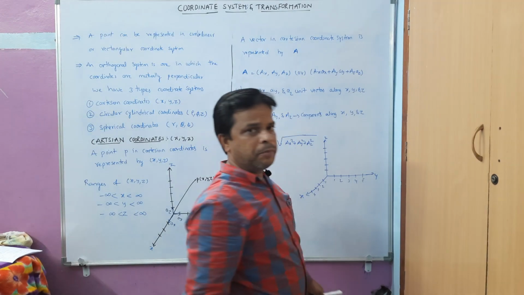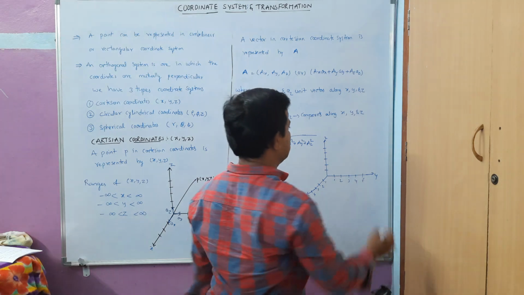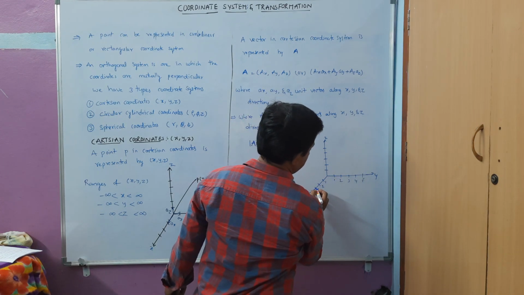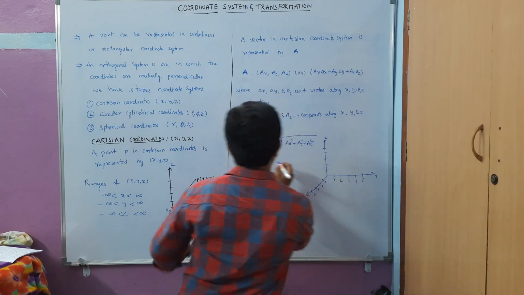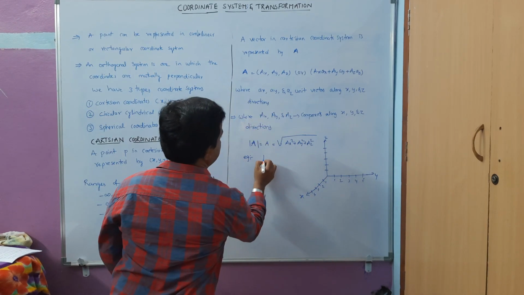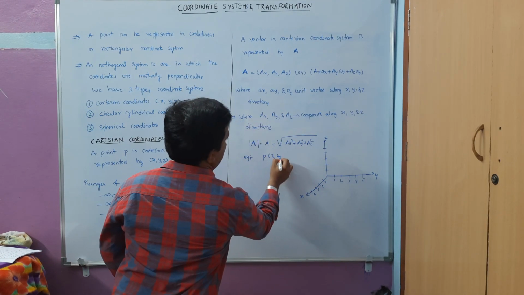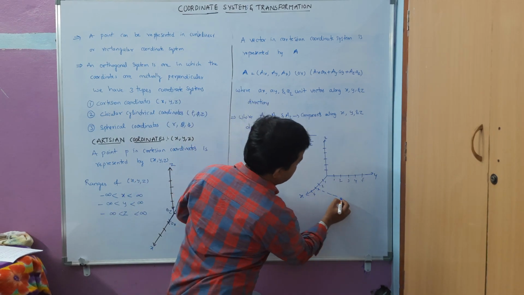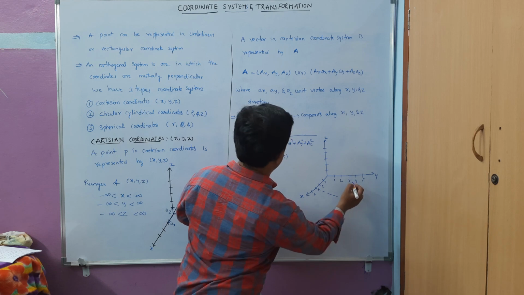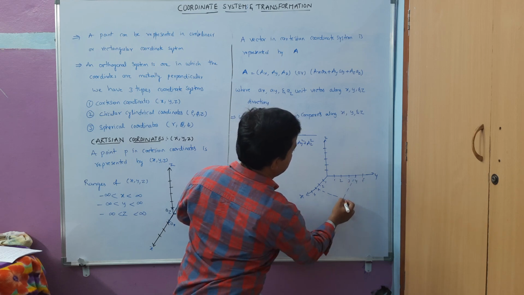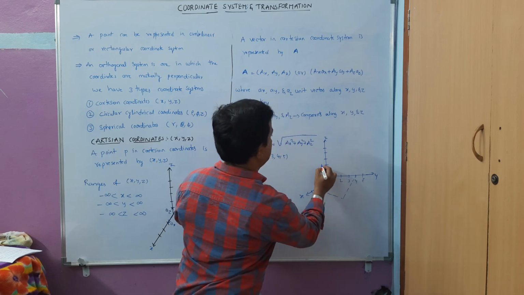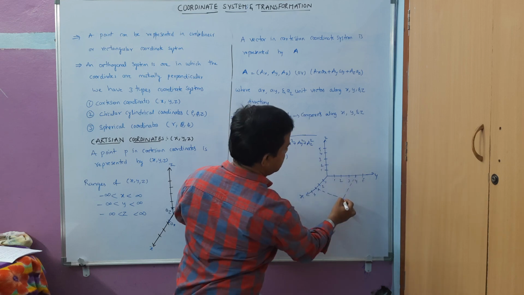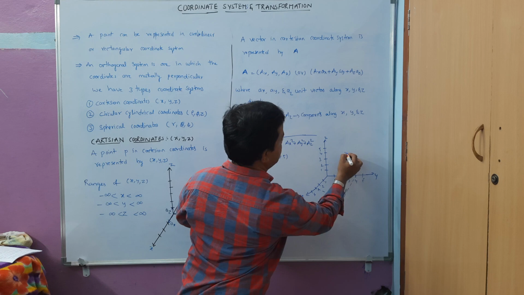If I represent a point P in Cartesian coordinates, the example point is 3, 4, 5. The x value is 3 here, y is 4 here, and z is 5.